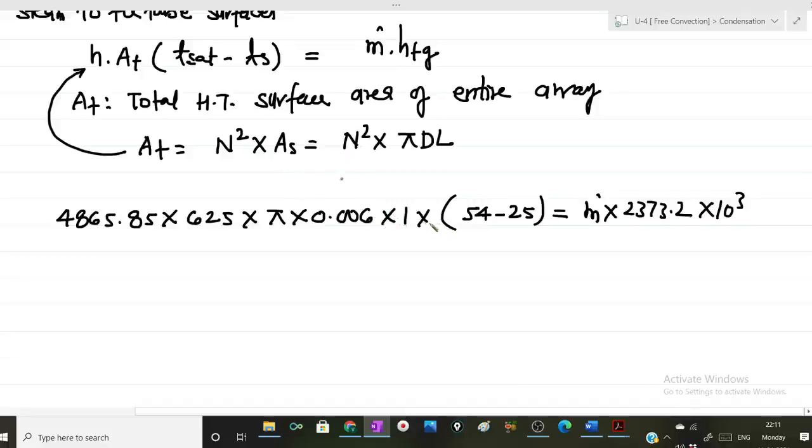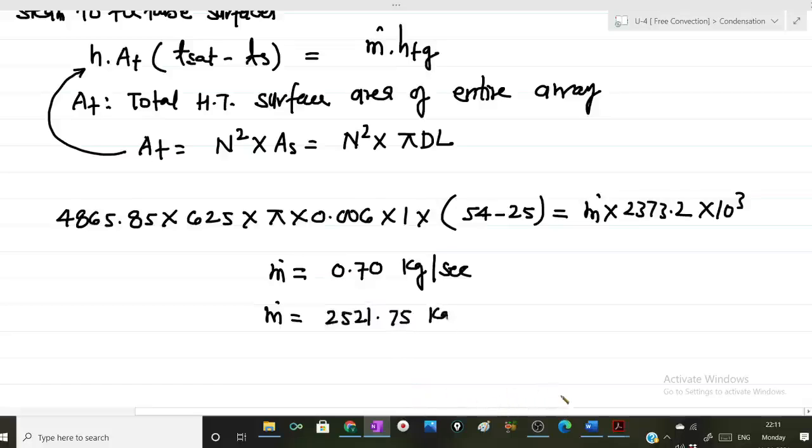Balancing of units is a must to get the correct value. After solving this, I will get the value of m dot as 0.70 kg per second, which happens to be a very small value. So I will convert it into kg per hour: 2521.75 kg per hour. So these are the two answers, and this way I can solve this numerical.